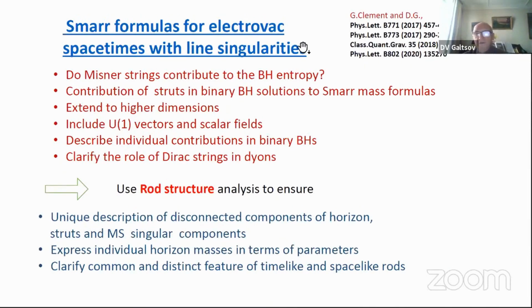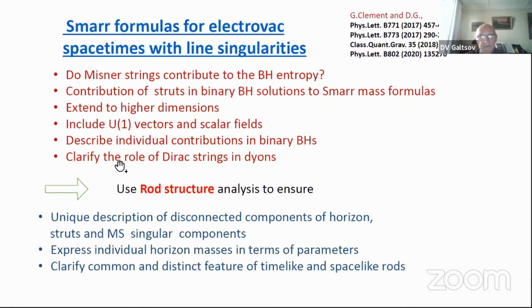Now, in those papers, we consider the situation where we are actually repeating the reasoning by Carter, but allowing for a line singularity on the axis. It is useful for multi-center solutions, for instance aligned multi-center solutions with struts between the centers, like binary black holes.